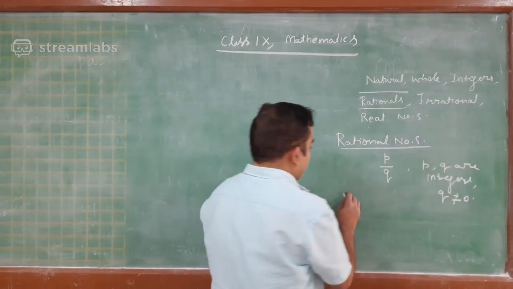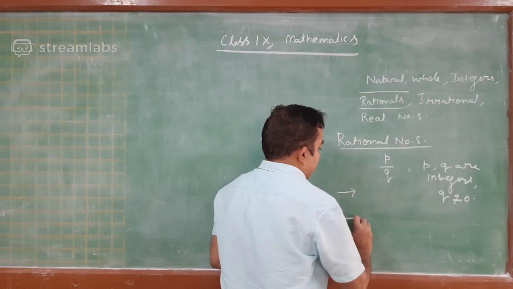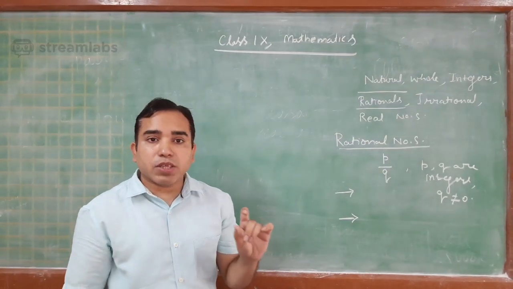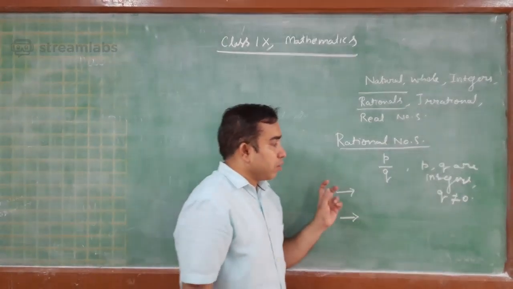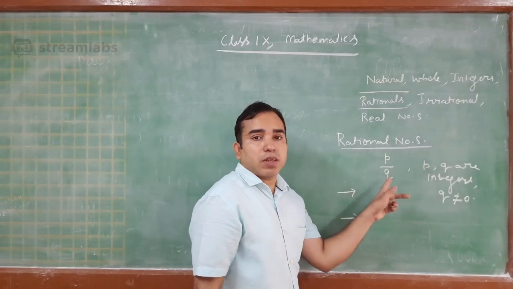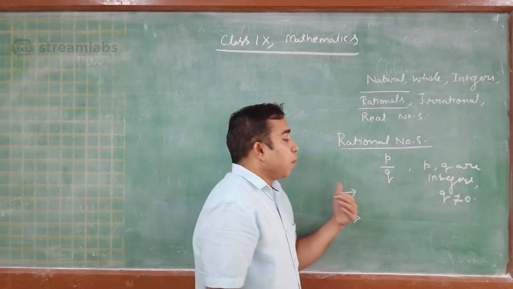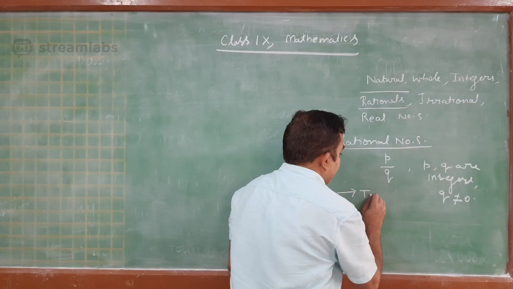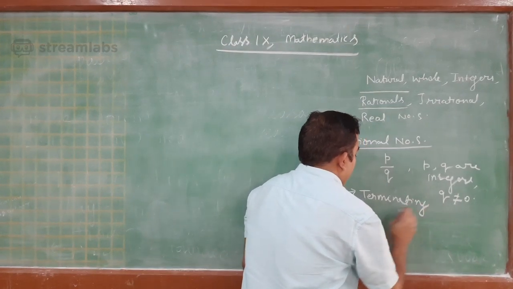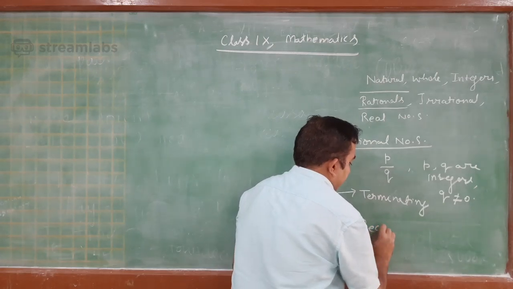We saw one property of rational numbers, and that is very helpful in determining whether any number is rational or not. And what is that property? Rational numbers, meaning the numbers which can be written in the form of fraction P upon Q, may have either terminating decimal expansion or recurring decimal expansion.